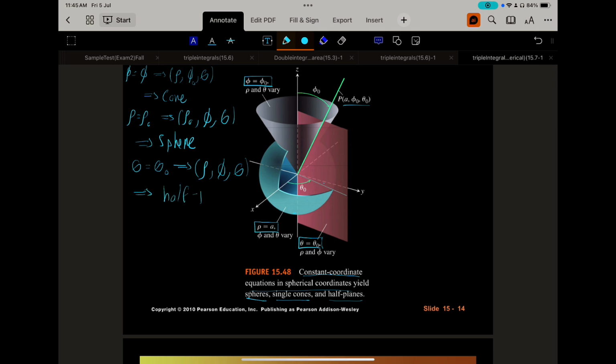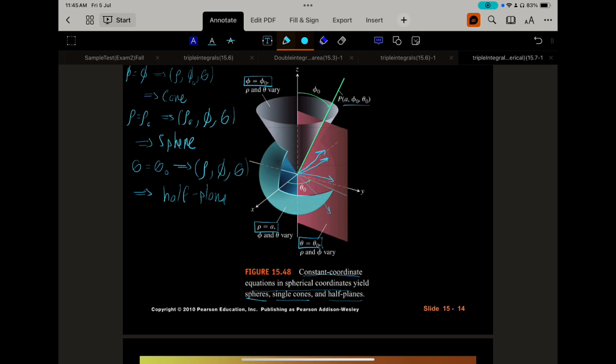Now why not a full plane? Let's see why that is. So we have theta equals theta naught, and we have rho and phi. When we have a constant theta, we cannot change it, so we can only have lines along this plane. However, we can change phi, so we can have a line like this, or a line like this.